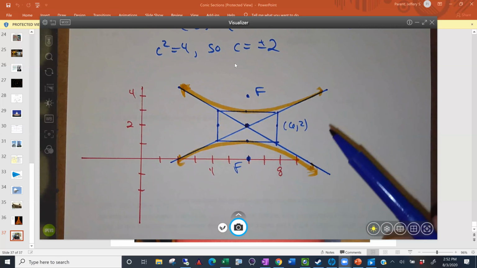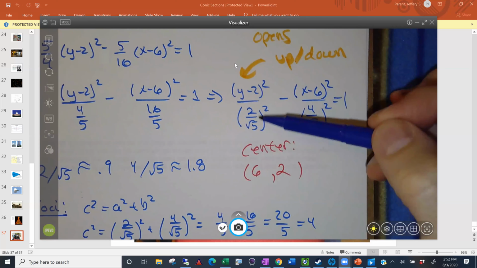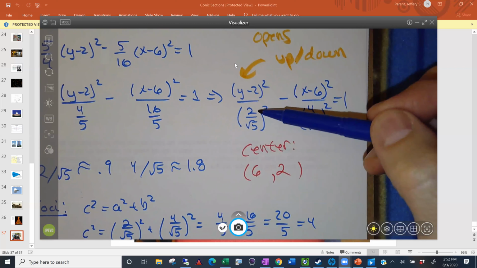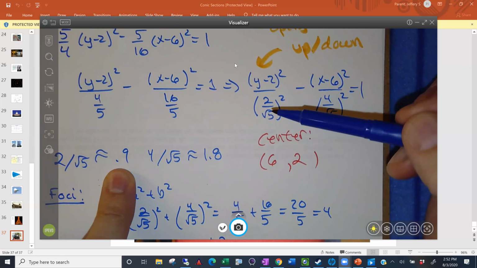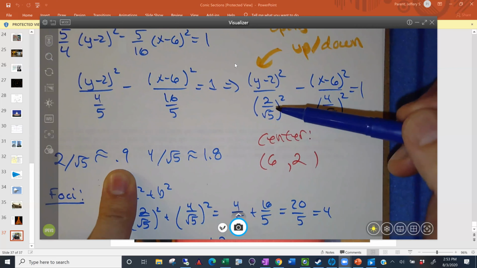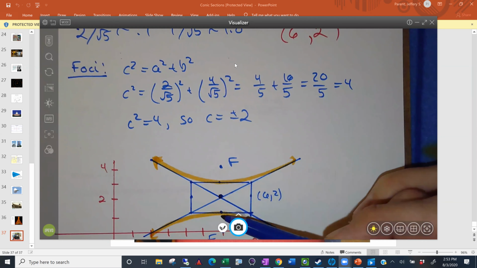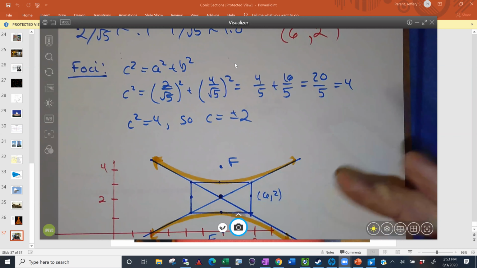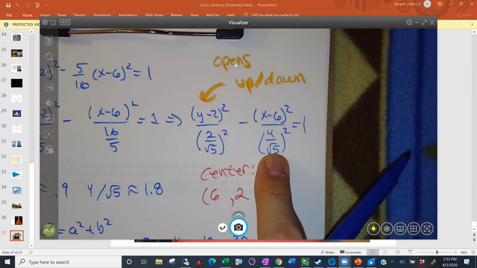Good question. So the top is this distance away from the center, up and down. Now, I calculated an approximation to that value as about 0.9. I calculated that just for my own convenience. So I said, okay, about 0.9 up and 0.9 down. Likewise, over here, the distance as you find those points is going to be about 1.8.